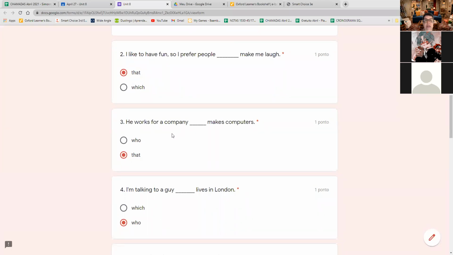When I talk about objects, I can use that or I can use which. So for objects, for things, I use that or which. For people, I can use that or who.